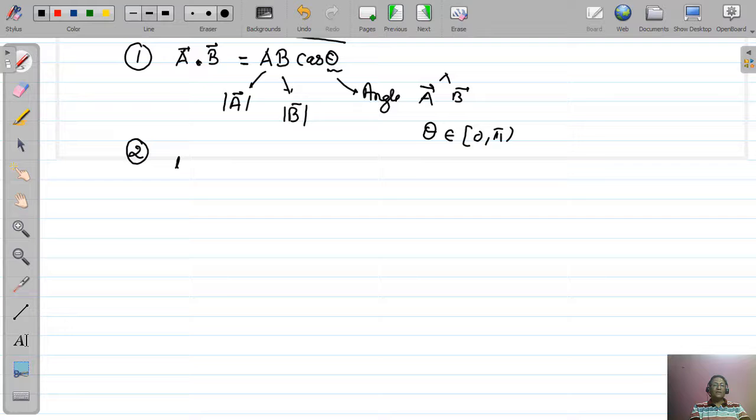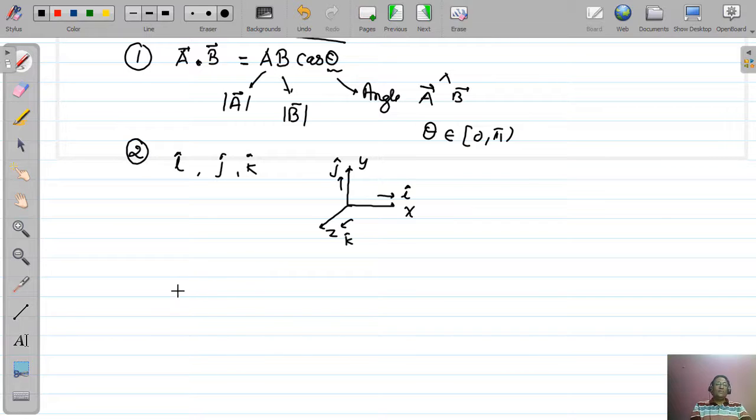We have already mentioned the three unit vectors i, j, k, which are along the three mutually perpendicular axes X, Y, Z. i is along the X axis, j is along the Y axis, and k is along the positive Z axis.